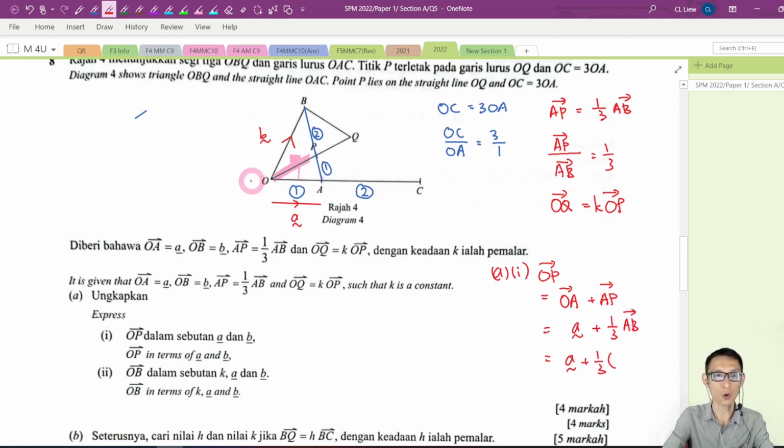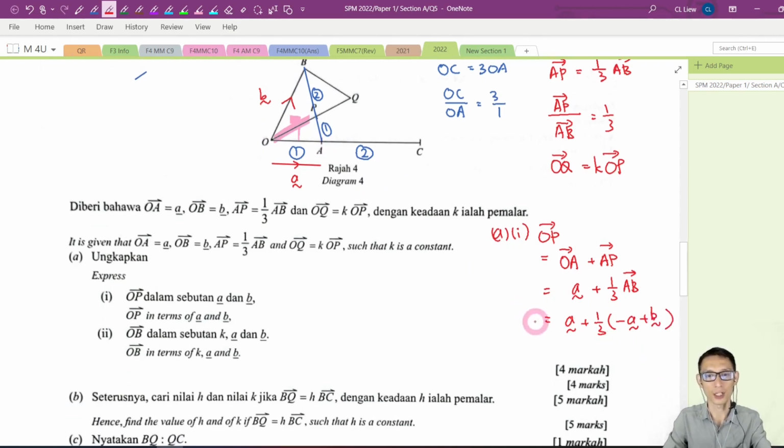AB is AO plus OB, which means negative A. So you look at the direction, go this way, which is opposite with this direction. Therefore, we need to add a negative. Negative A plus B. Okay, let's arrange all the terms nicely.